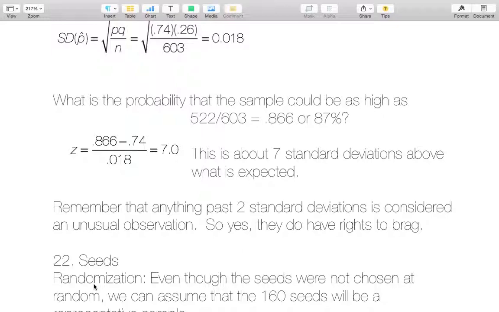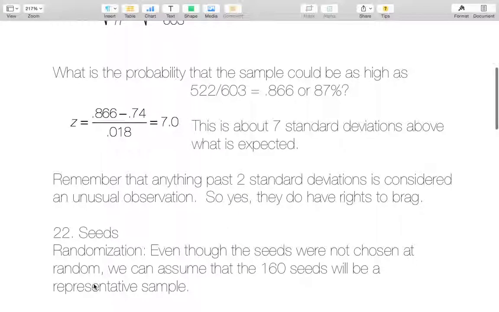Do you think it would be pretty much like any other packet of 160 seeds? And so we would say yes. We are going to assume that this 160 seed packet is representative. In other words, it's not biased. Do I think that this particular seed packet is a bunch of bad seeds or particularly good seeds? I have no reason to think that it's any different than what would be in the population.